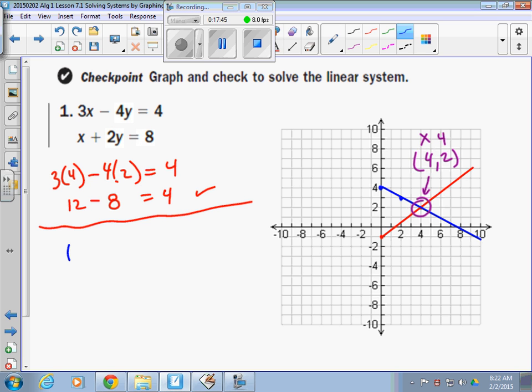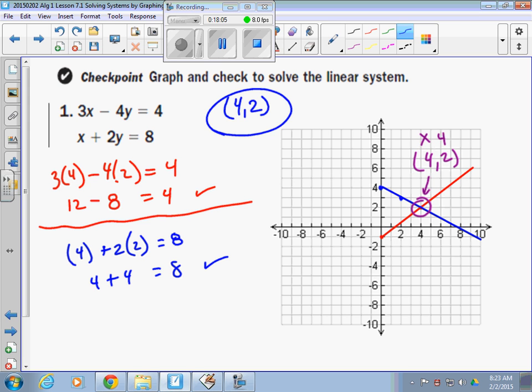Instead of x, we're plugging in 4. Plus 2 times y, instead of y, we're plugging in 2 equals 8. 4 plus 2 times 2 is plus 4 equals 8. Again, 4 plus 4 is equal to 8. So your solution to the system is 4, 2. That is the solution, 4, 2.